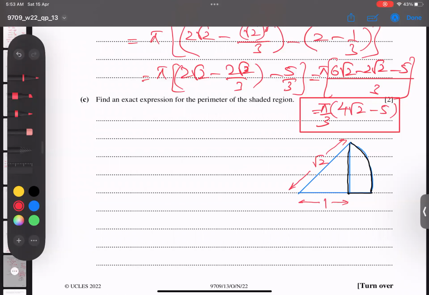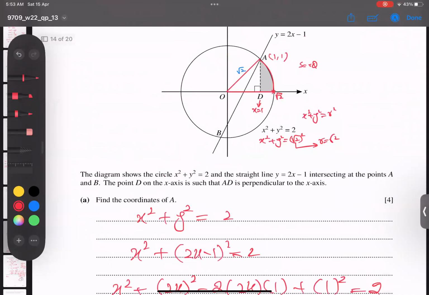So what is the perimeter, students? The perimeter of the shaded region is very clear.